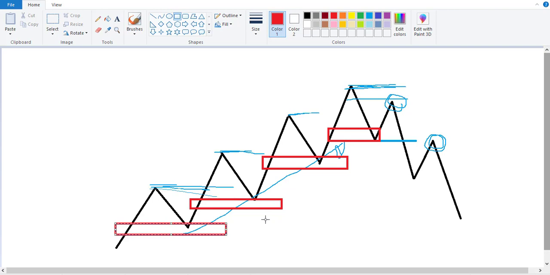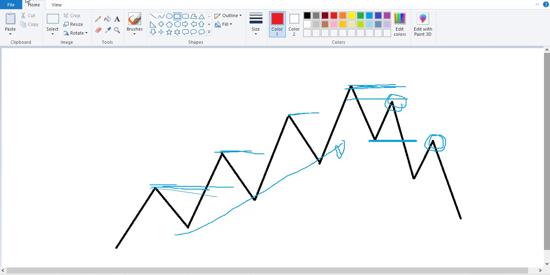To understand a breaker, you have to understand an order block first. An order block, as you know guys, is the last bearish candle before a break of a high, and the last bullish candle before a break of a low.